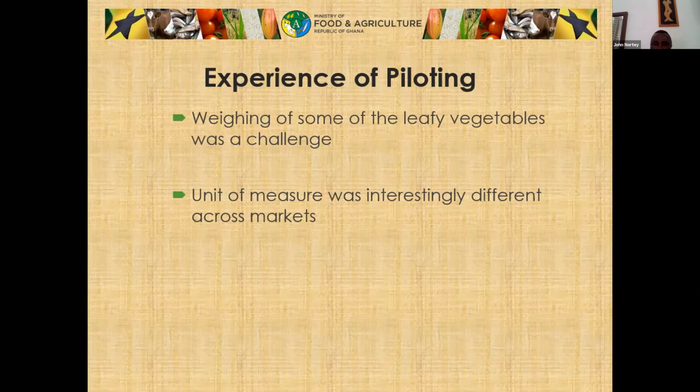For a commodity like kontomire, most of it is very light, and we didn't have very sensitive scales in the market to use for weighing. Then the unit of measure was also different across markets, in the way they are put together.